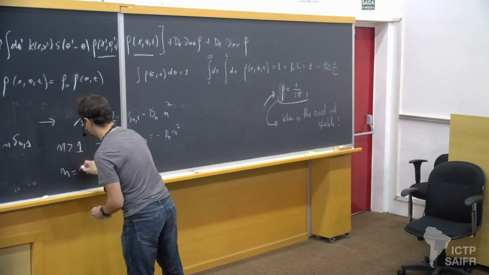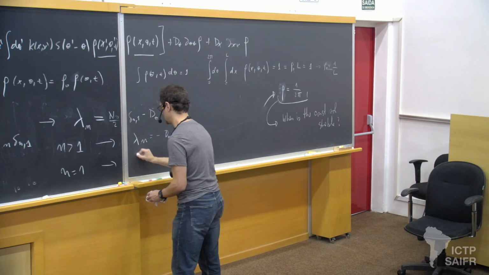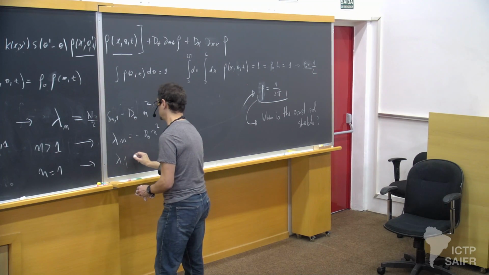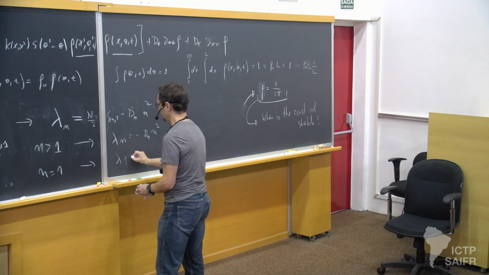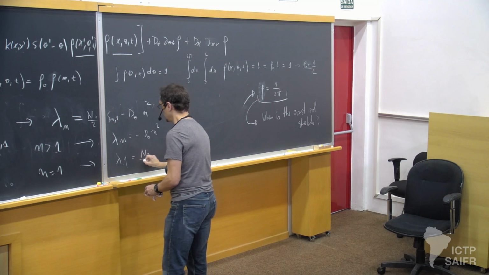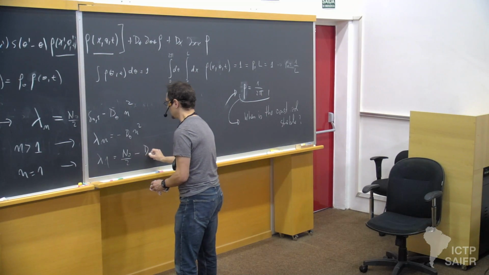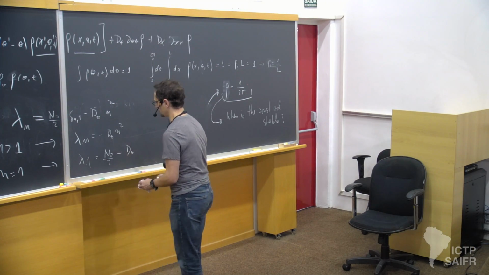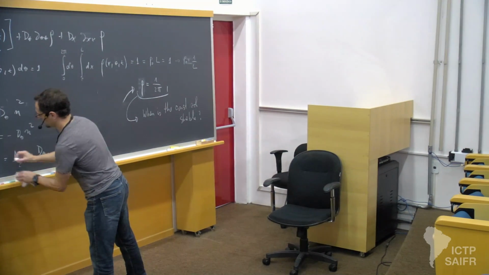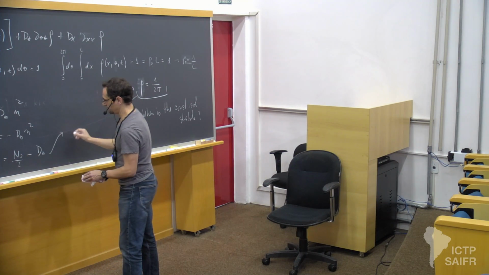And you have n equal 1, and this is the only one that is going to make things different, that comes from here, and this one can get positive. So this is the only thing that we are trying to say.